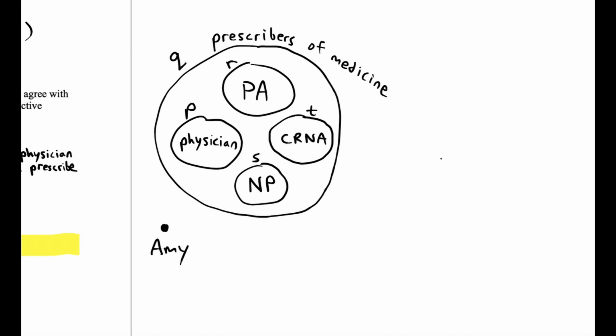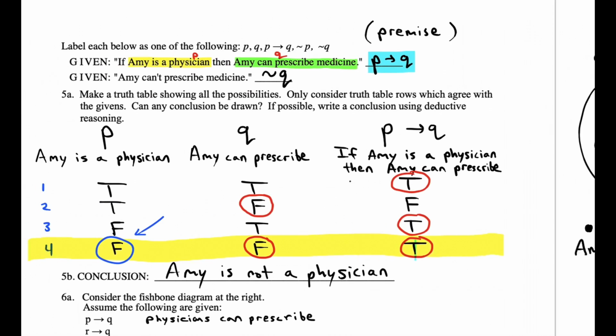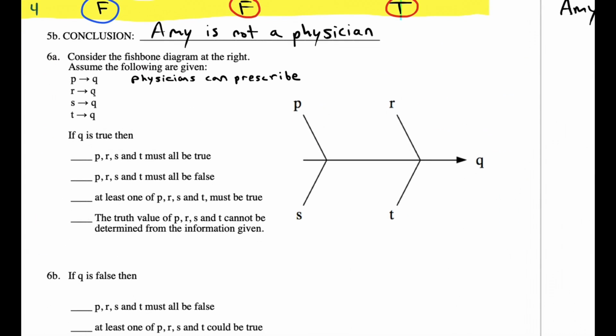This is a licensure that lets you prescribe as well. Now, they're saying that all these things lead to being able to prescribe. So PA can prescribe, is what it says. NP can. And so can CRNA.